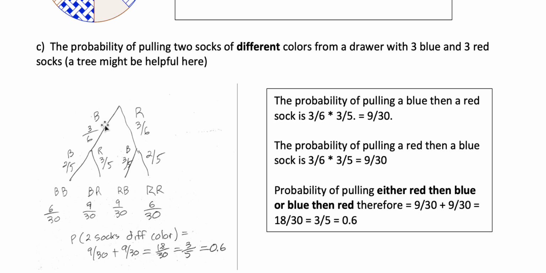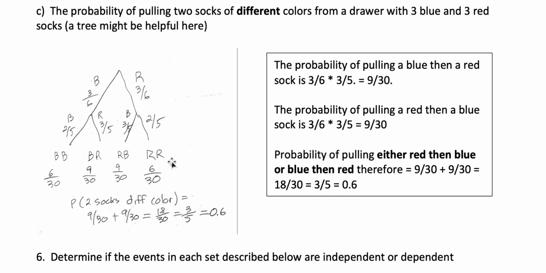So if we pull out a blue sock, we'd have a 3/5 chance of pulling out a red sock for the second. On the other hand, if we pulled out a red sock first, we'd have a 3/5 chance of pulling a blue sock out after that, or a 2/5 chance of pulling another red sock. When we multiply down here, we get all these possibilities: blue-blue, blue-red, red-blue, and red-red.